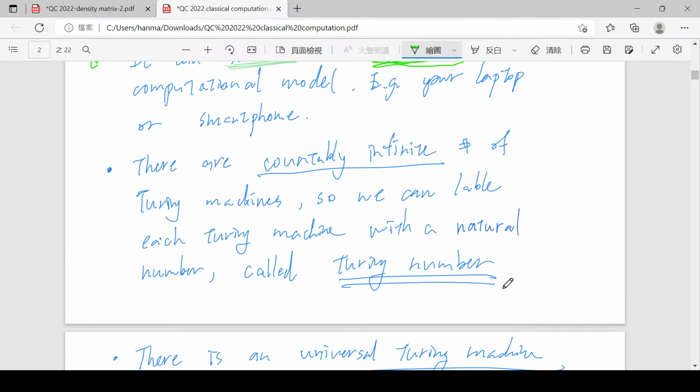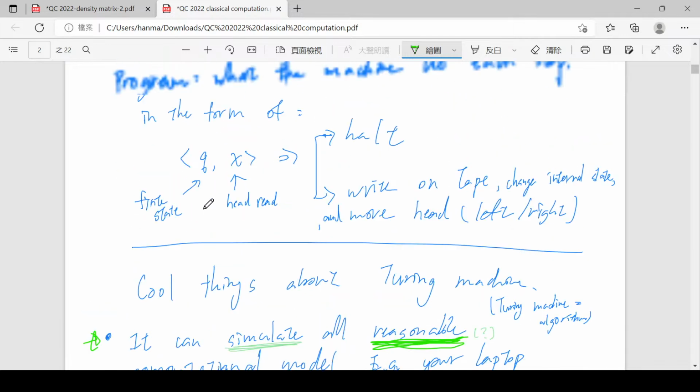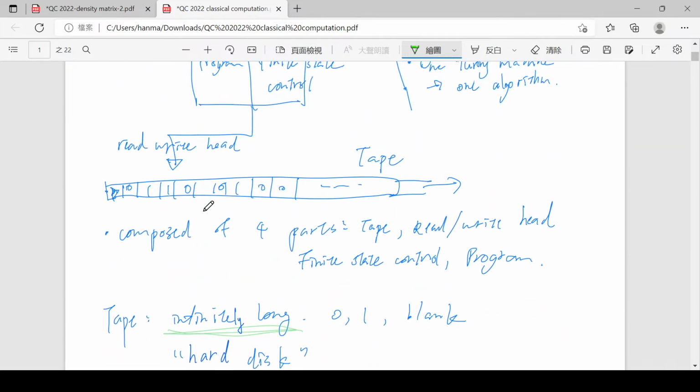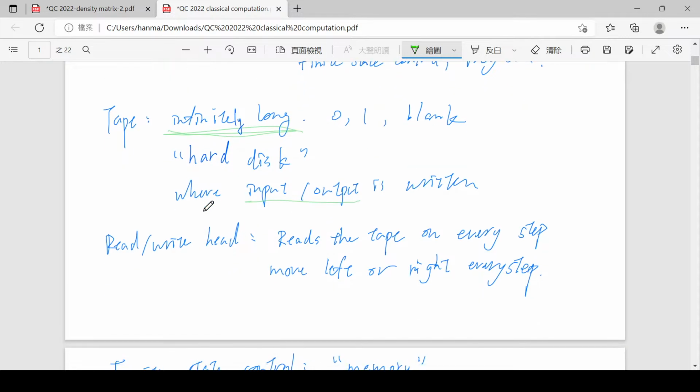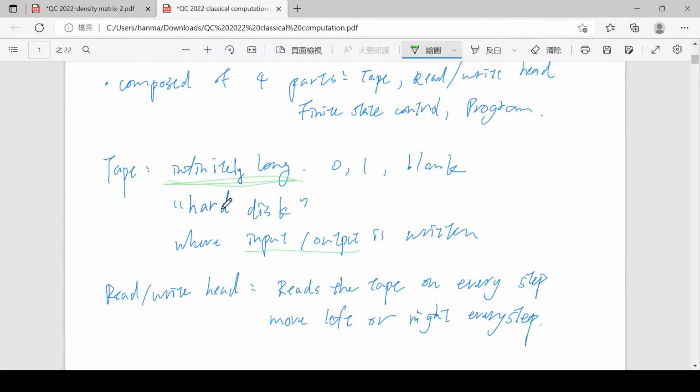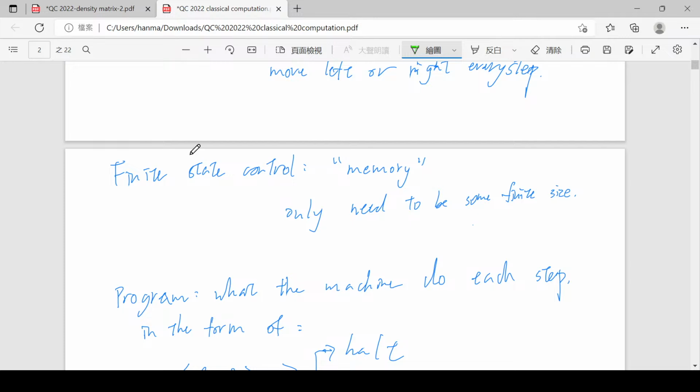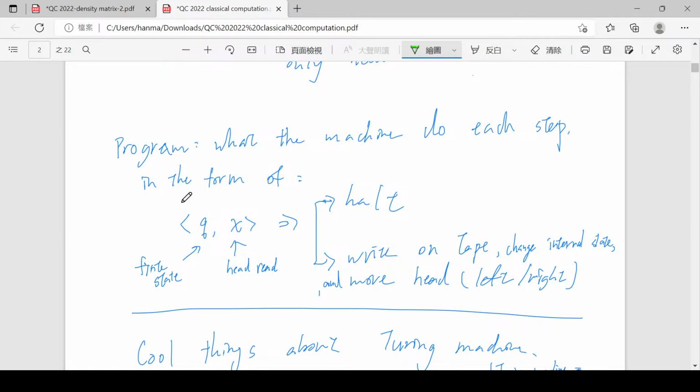Then there are more characteristics about Turing machines. First, there are countably infinite number of Turing machines, because from our definition here you can just count them by how many finite state control states there are, and you can count all possible programs in some order.